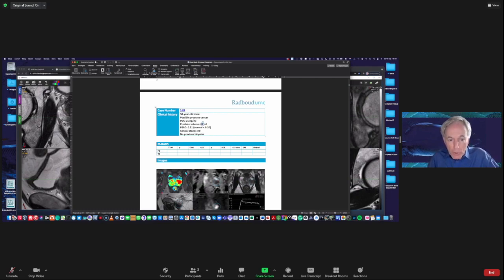Well, this is important because you are always correlating the PSA to the prostate volume when you read prostate images. You can calculate in this way the so-called PSA density: PSA divided by the volume. And when this exceeds 0.15 or a little bit higher, 0.20, you should be very concerned because there usually is a lesion.